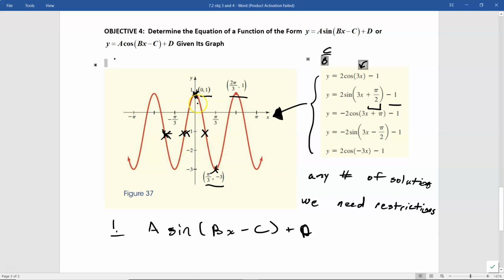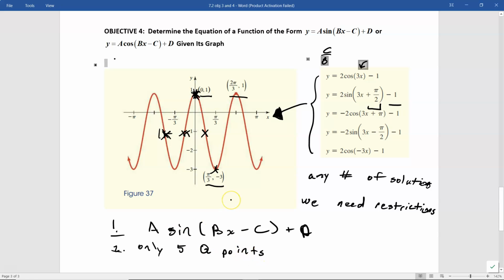So up here, like I said, this first one started up here, whereas the second solution started down here, right? So when you're given these types of problems, it'll tell you exactly where you started. So if it told you started up here, that would mean it'd have to be a cosine function, right? So second, only 5 quarter points.